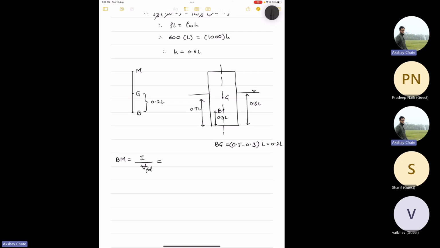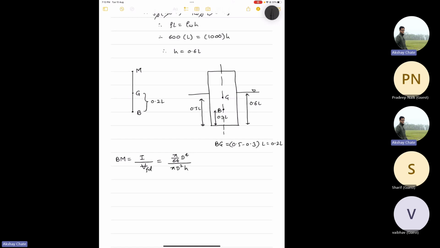For a cylinder, considering the center axis, the standard value is pi by 64 into d power 4, and the volume of the fluid displaced, which we studied earlier also, is pi d square into small h.